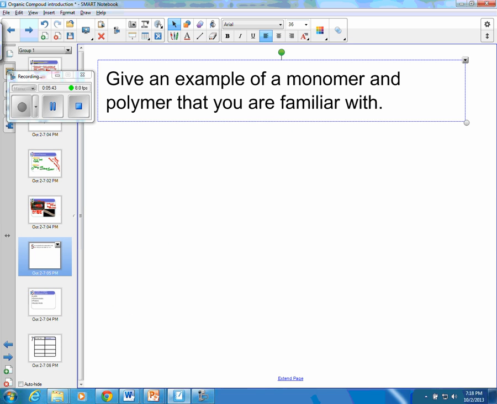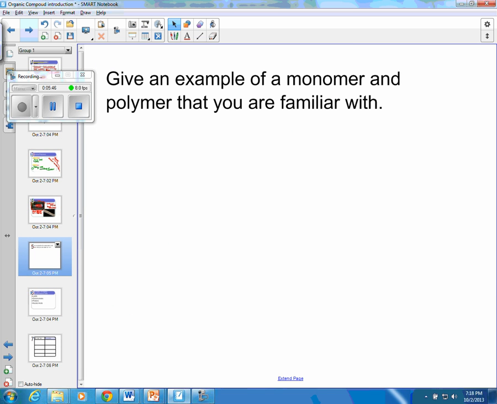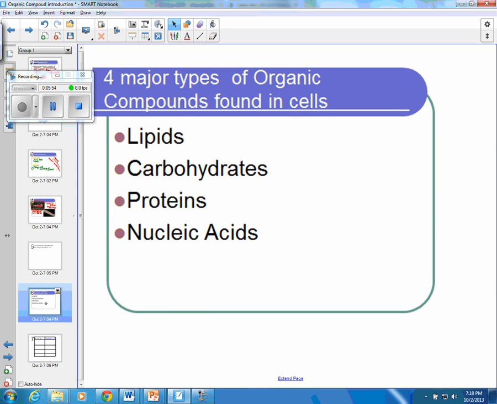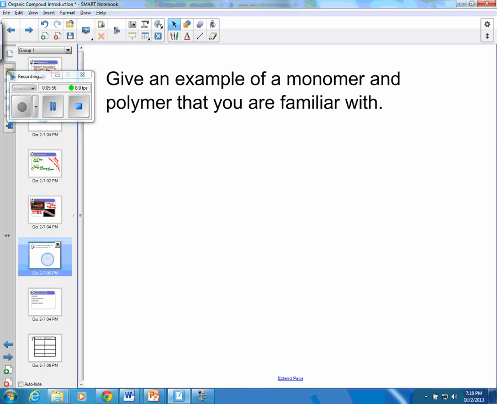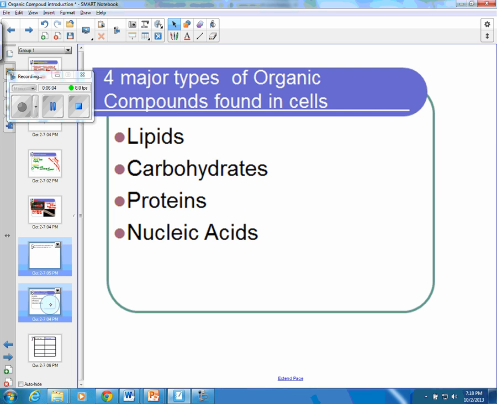Okay? If we go over here, I want you in your notebook to give an example of a monomer here from the table. Okay, so we'll do this here. I already gave you examples for this one with the train and the necklace. So I want you to come up with your own.